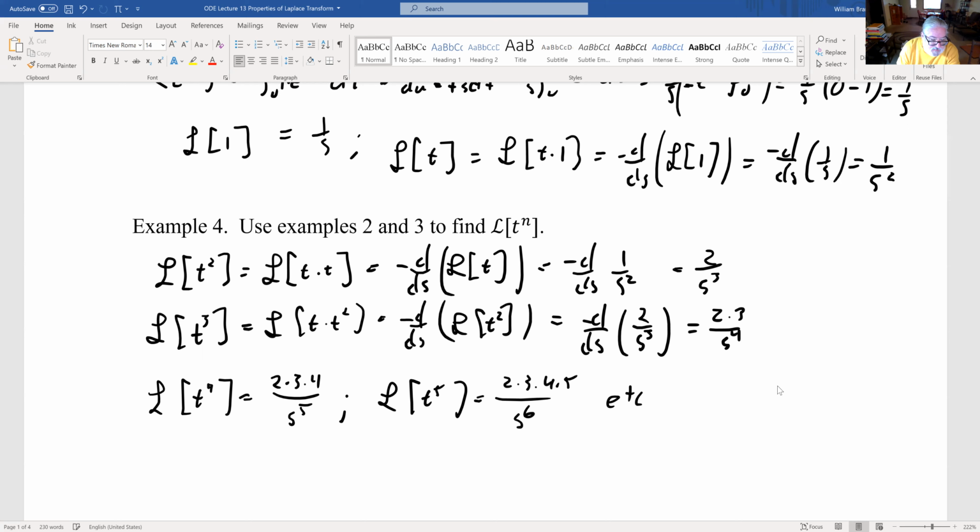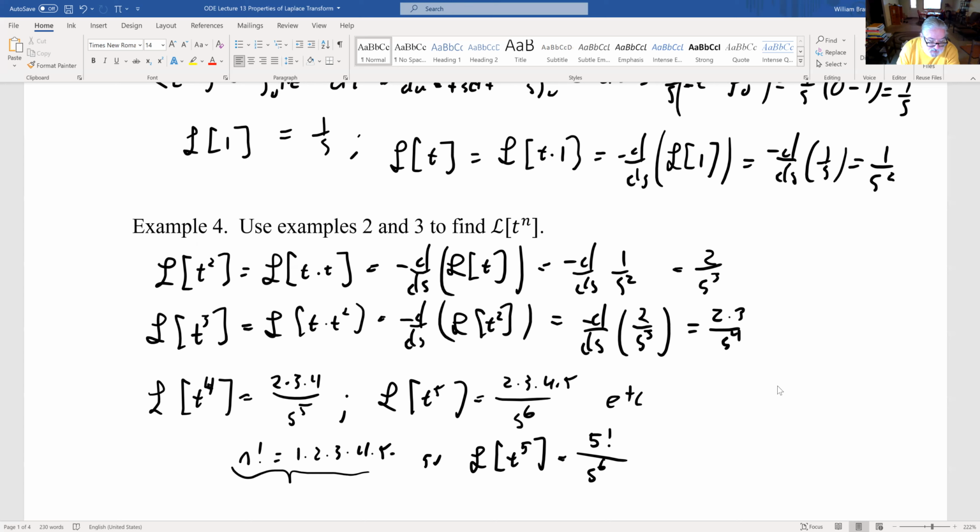Keep in mind that we have a special notation for this. N factorial equals 1 times 2 times 3 times 4 times 5, and so on. So the Laplace transform of t to the 5th is 5 factorial over s to the 6th.